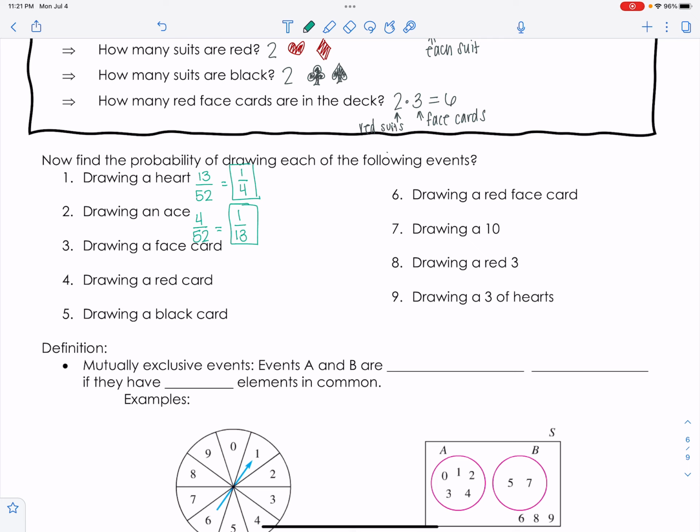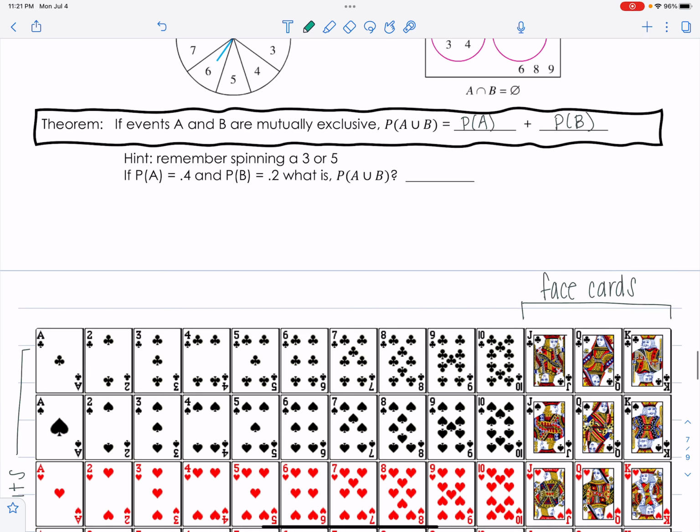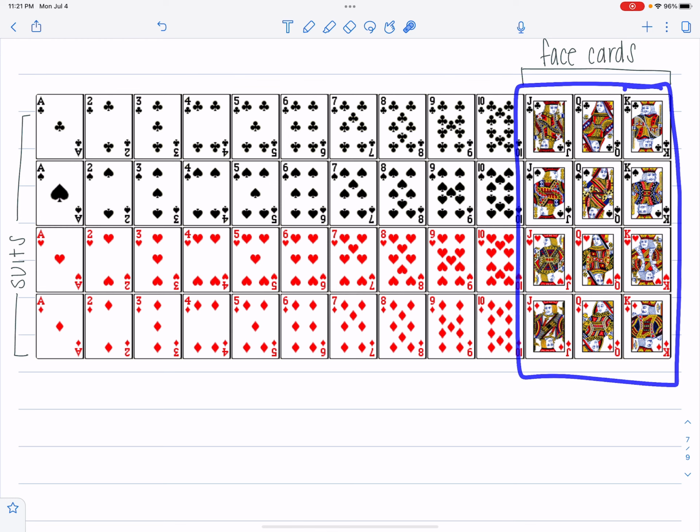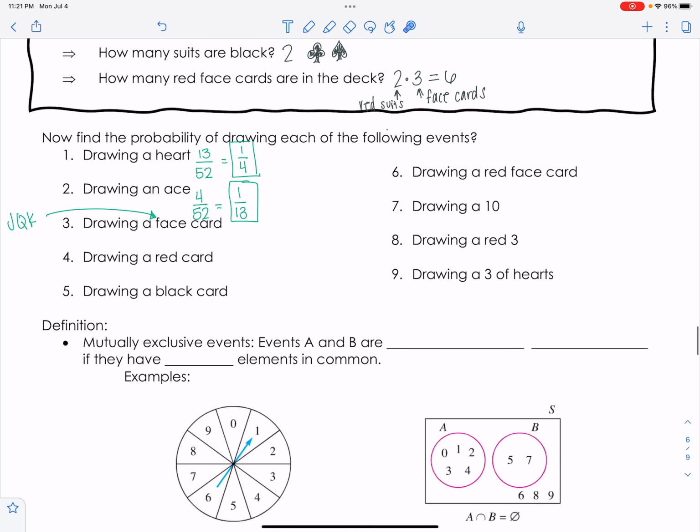Drawing a face card. Well, remember we said face cards are going to be our jack, king, queen. And so the number of face cards are right here. I've got 12 of them out of a total of 52. And so that is going to reduce down to 3 out of 13. Drawing a red card.